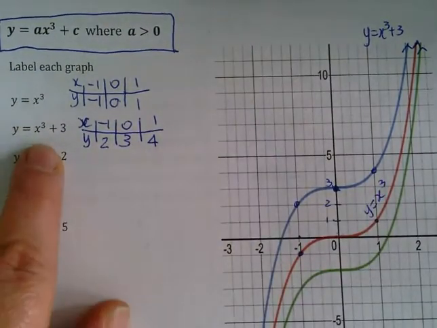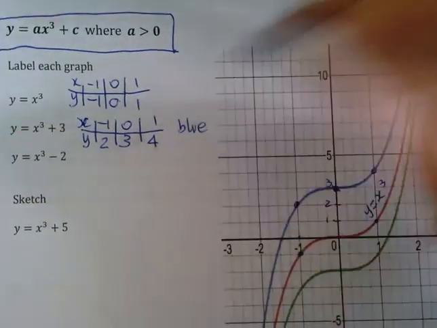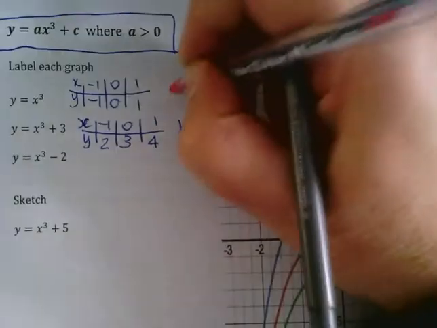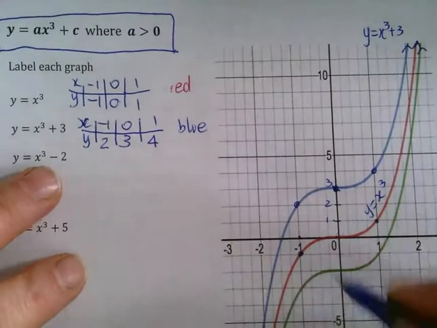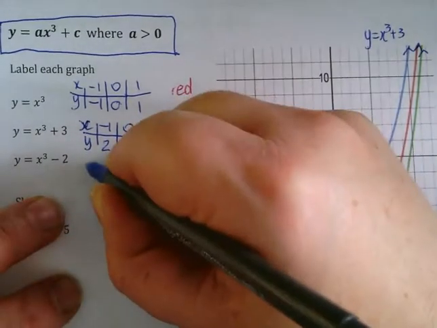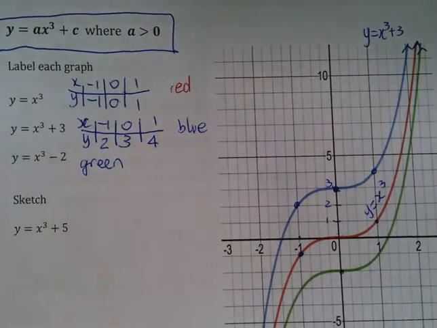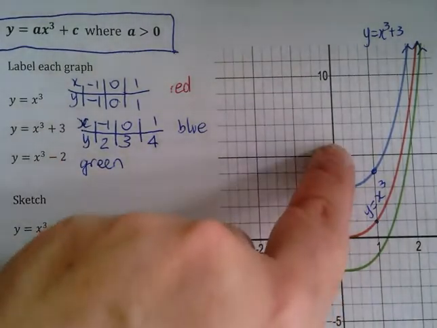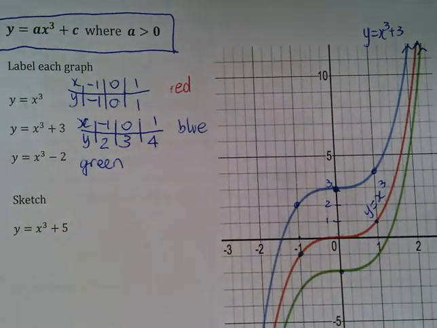So this y equals x cubed plus 3 is the blue one. The x cubed is the red. And the x cubed minus 2 is the green. Are we good? Does this make sense? We just take the y equals x cubed graph and shift it up 3, slide it up. Take the y equals x cubed graph and shift it down 2, slide it down.